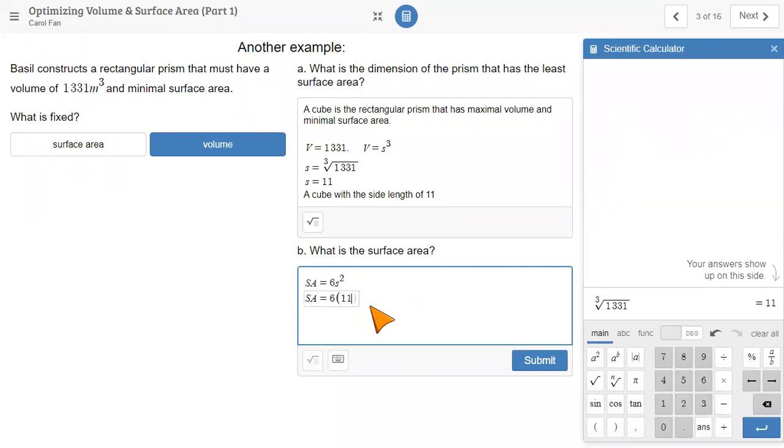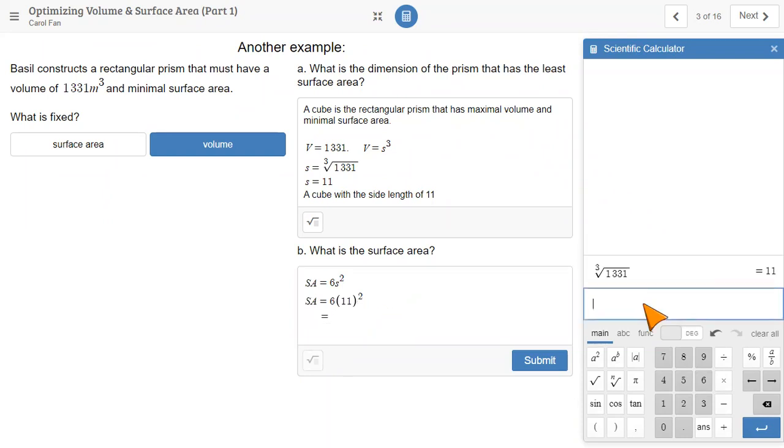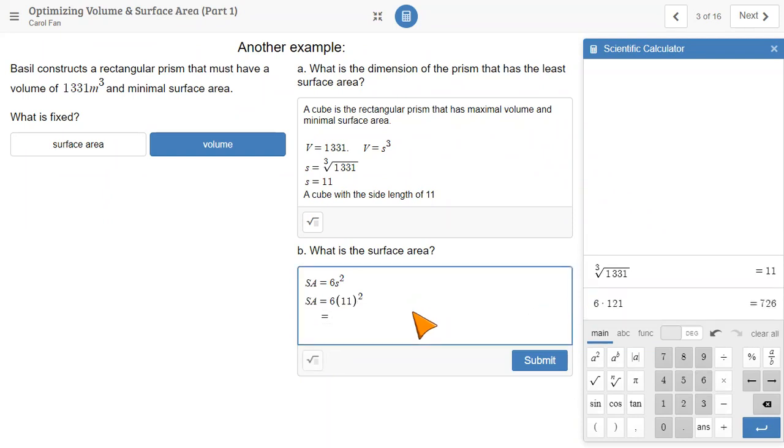Surface area is equal to 6 times 11 squared, and we have 726 meters squared. So once again, I'm just going to give a reminder. Be very sure what units you're in. Surface area is 2 dimensions, so we have meters squared here.